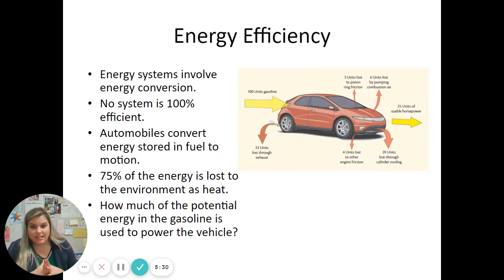Energy efficiency. So when we do mathematic equations, we assume 100% efficiency, but in reality, that's just not true. As a matter of fact, in most cars, like 75% of the energy that's transferred in all of those little transfer points is lost to the environment as heat. So that's why if you're driving for a long time and then you stop and you touch the hood of your car, sometimes it's kind of hot.